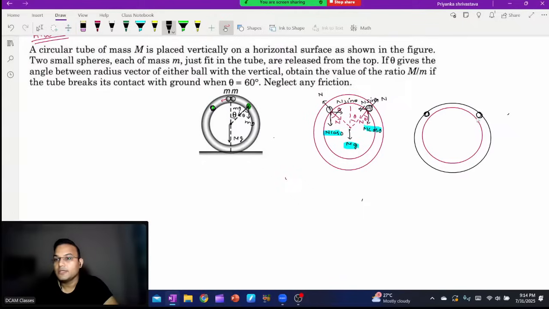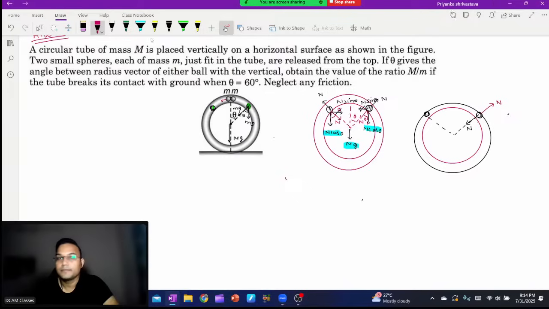When they're touching the outer surface, in this particular case, the normal reaction due to the ring, due to the tube on the sphere is towards this direction, and the normal reaction due to the sphere on the ring will be in this direction.